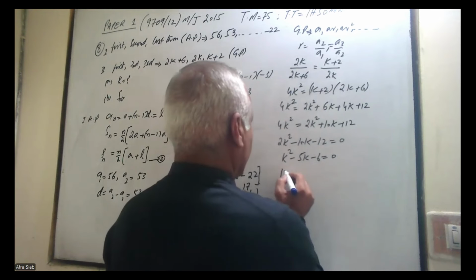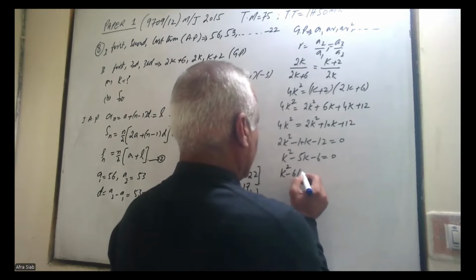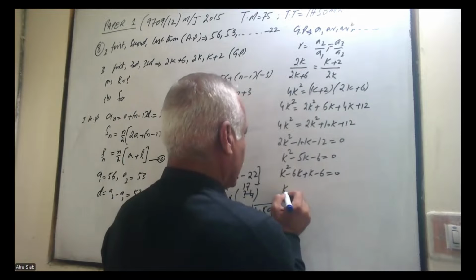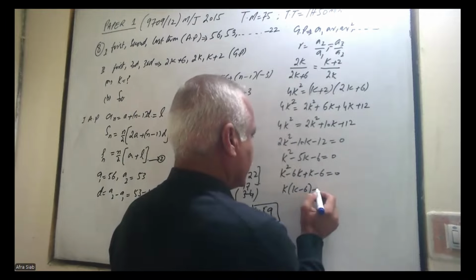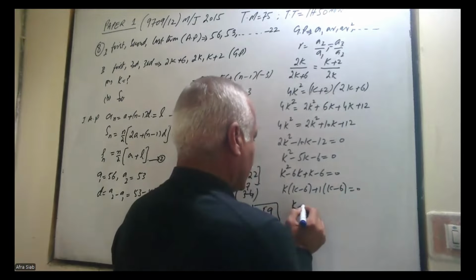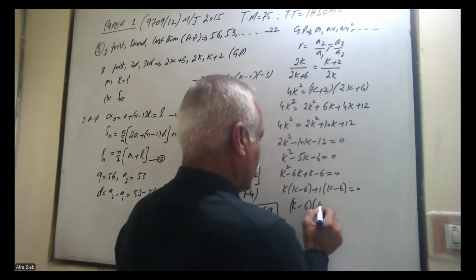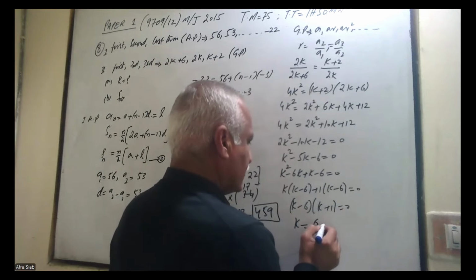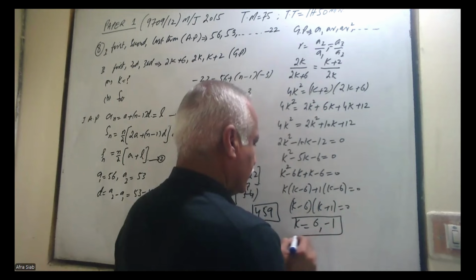Then we can factorize this one. k square minus 6k plus k minus 6 is equal to 0. k is common, and k minus 6 plus 1 is common. So k minus 6 into k plus 1 equal to 0. So the k value is equal to 6 and minus 1.